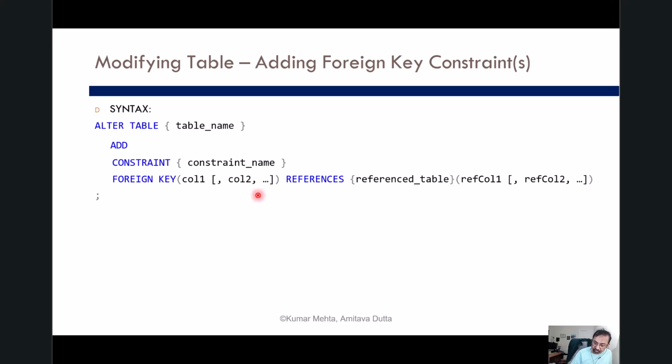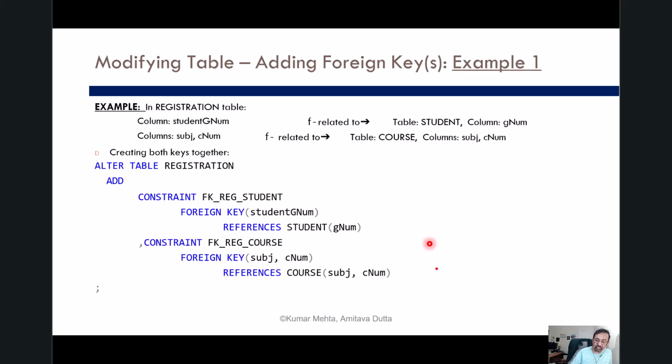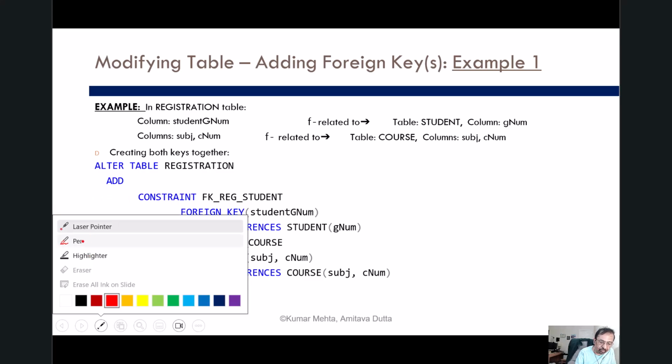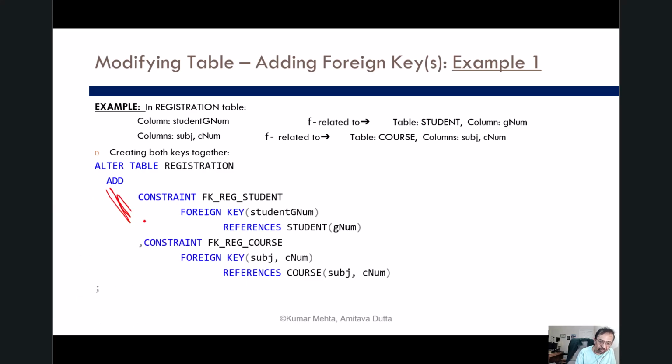Okay, so let's see an example over here. So the two tables that we have here. Let's see what kind of linkages are being specified through the constraints over here. So we say alter table registration, add constraint, and then foreign key references student. So as soon as you see this particular constraint for a foreign key, you know that two tables are involved.